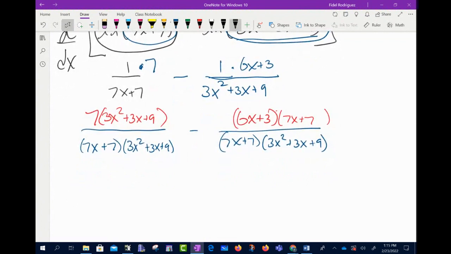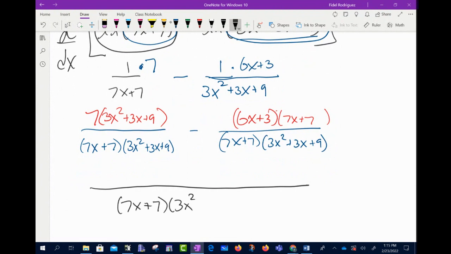Okay. So now, look, y'all, we're going to write one big fraction. 7x plus 7 and 3x squared plus 3x plus 9. And now all we're going to do is just do a little bit of multiplying upstairs. So this one should be easy for us to do because all we're doing is multiplying by 7.